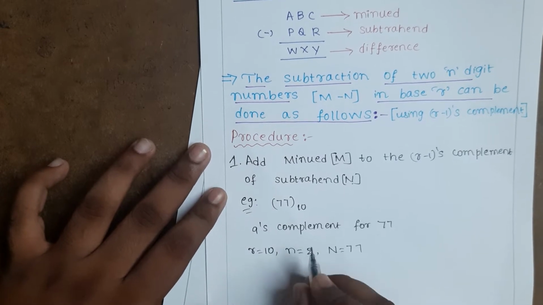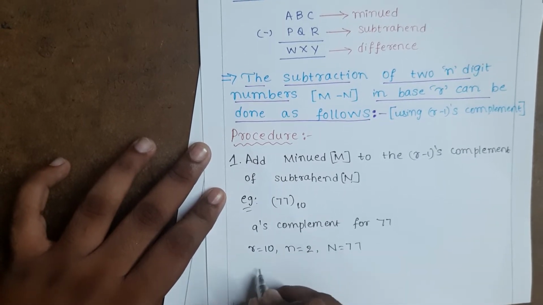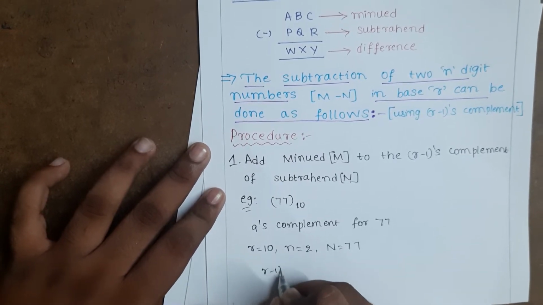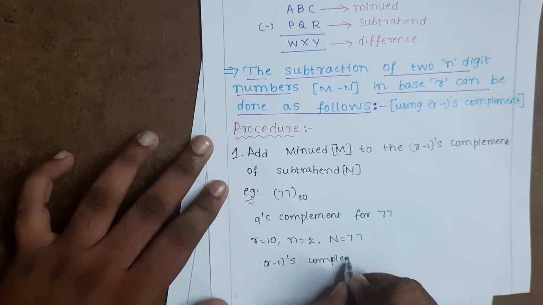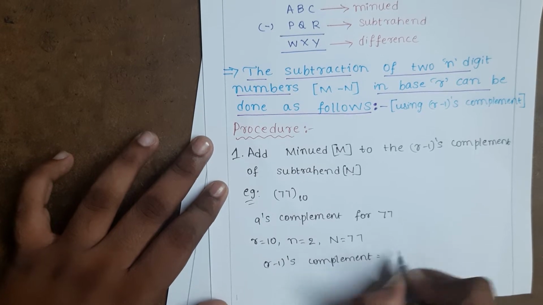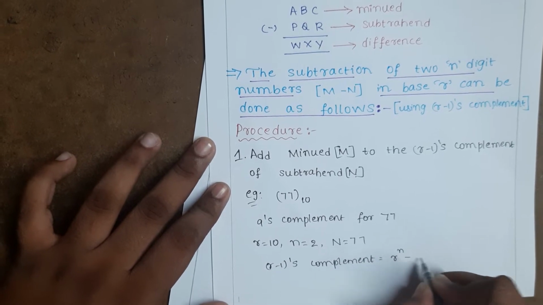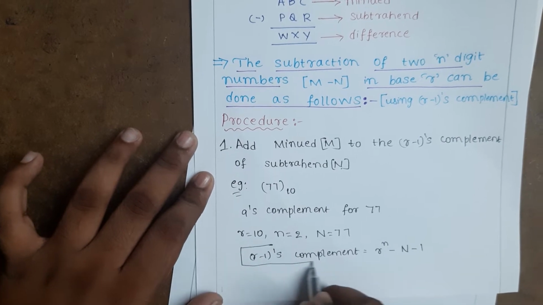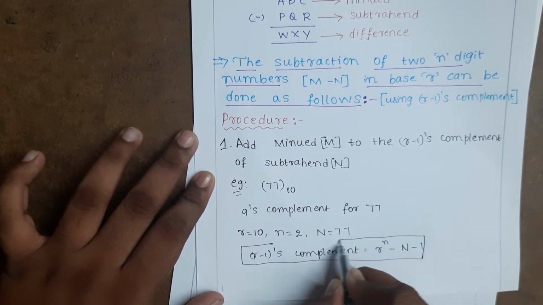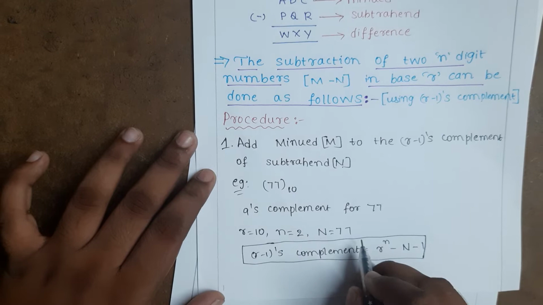So the formula for the r-1's complement is r to the power n minus N minus 1. By using this formula, we can find the r-1's complement of the subtrahend.